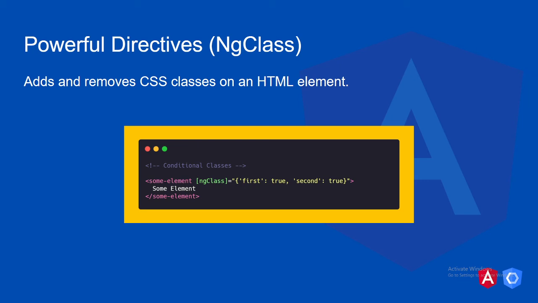In this place you can pass in your variable or condition as well. Let's suppose admin equal to true, or product equal to enabled, or product.id is greater than something, these types of logic. So the class names are added and removed on the basis of conditions.